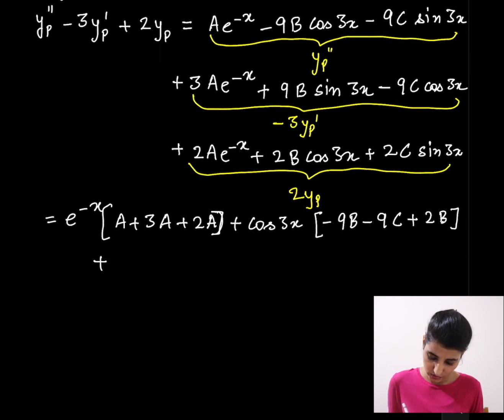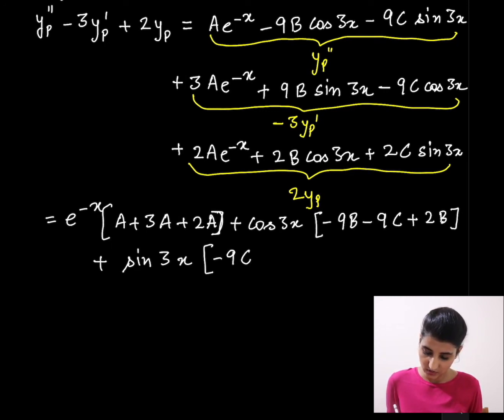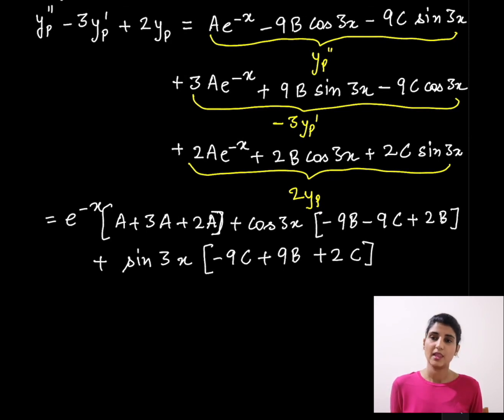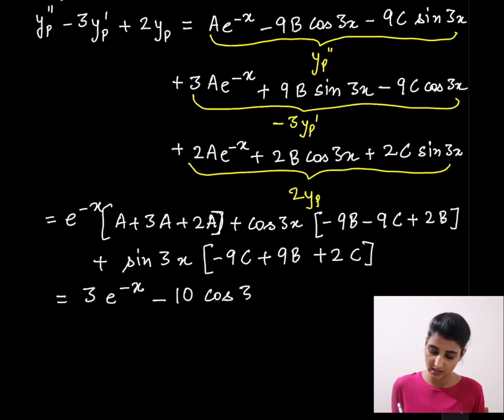And the coefficient of sine 3x is negative 9c plus 9b plus 2c. And this should be equal to our f(x), which is 3 times e^(-x) minus 10 times cosine 3x.